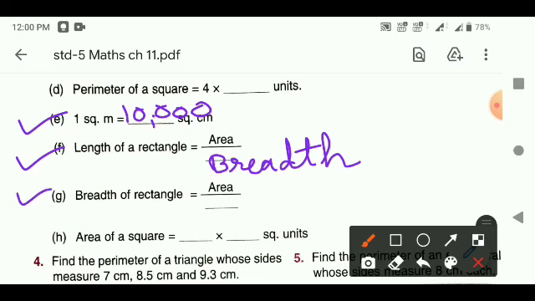Then question G, breadth of a rectangle is equal to area divided by length. Now question H is, area of a square is equal to dash into dash square unit. Area of a square is equal to side into side.